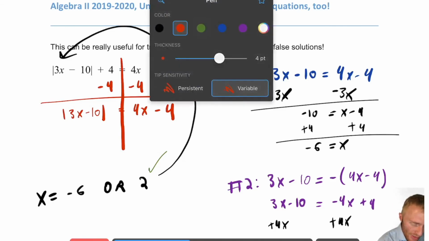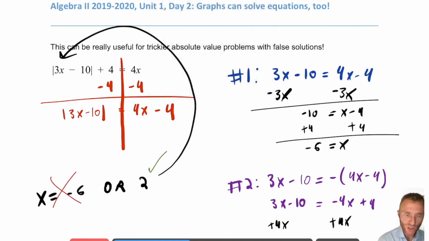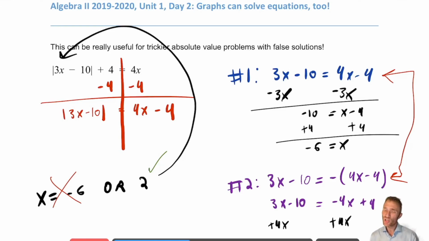So it turns out this is a false solution. It happens because when we split the absolute value, there's some funkiness that goes on when you split this up into two sides, and you're changing the sign of the variable that's on the other side. So you have to check these solutions.